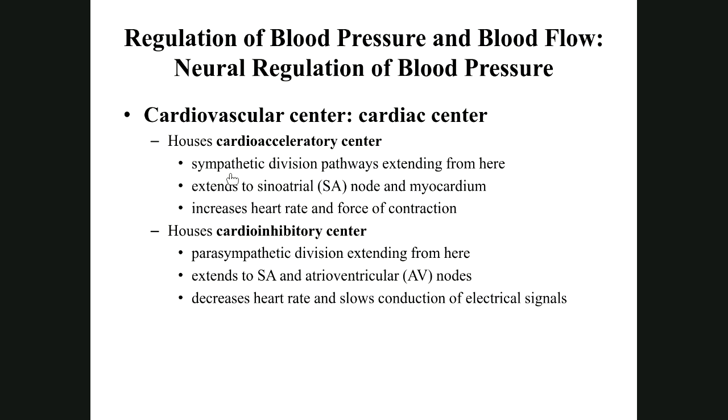So the sympathetic division is going to be responsible for cardio-acceleratory. And the parasympathetic is more rest and digest. And so this is the cardio-inhibitory center. And so parasympathetic triggers inhibition, sympathetic triggers acceleration. That's the way to think about it.